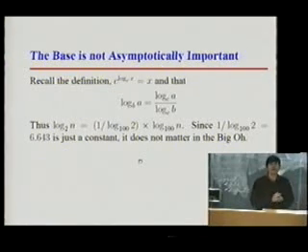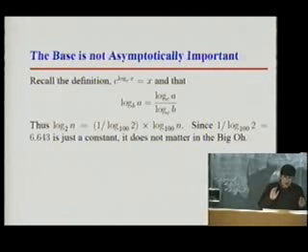Okay, so we're talking about logs, and I just wanted to spend a few minutes concluding with one or two very important facts about logarithms. We saw logarithms last class. The important thing is that the log of n is how many times you halve n until you get down to 1. That's how I think about logs. Or it's the number of times you double 1 until you get to n.